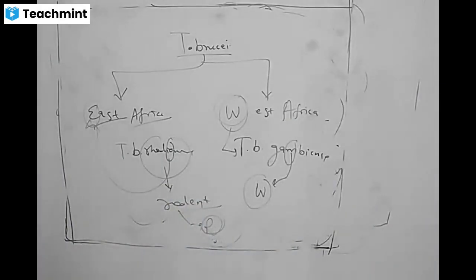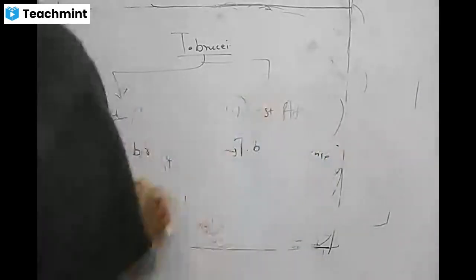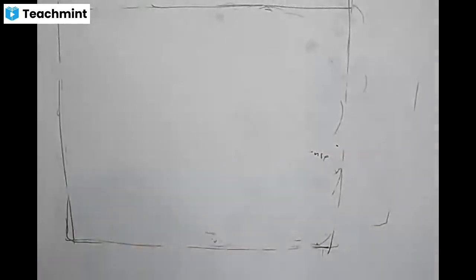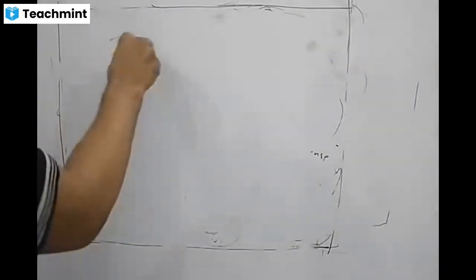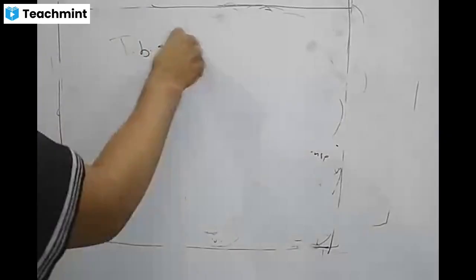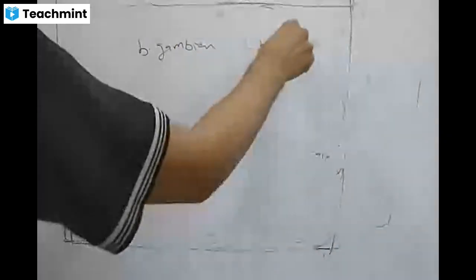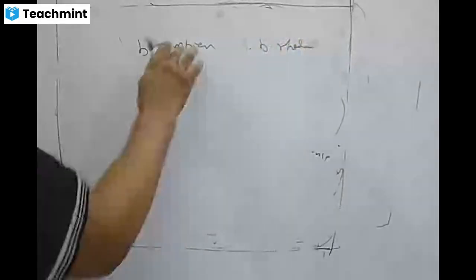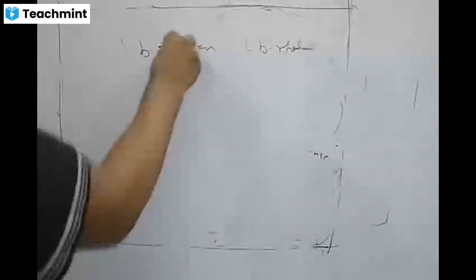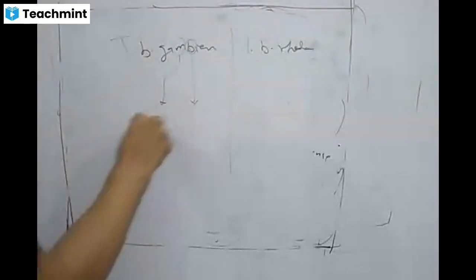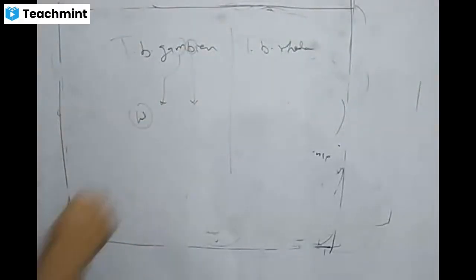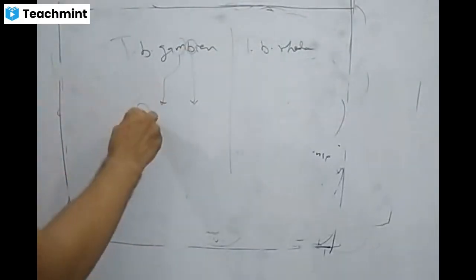And one more difference about this West and East African, there is involvement of the lymph node. Suppose T. b. gambiense and this is your T. b. rhodesiense. M becomes W because it belongs to West Africa.